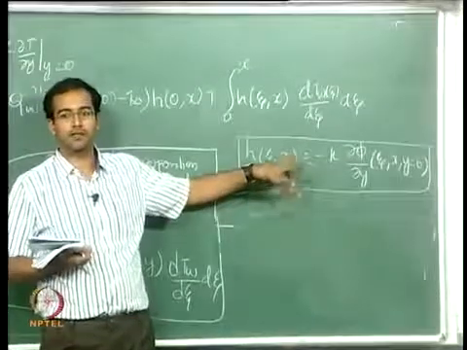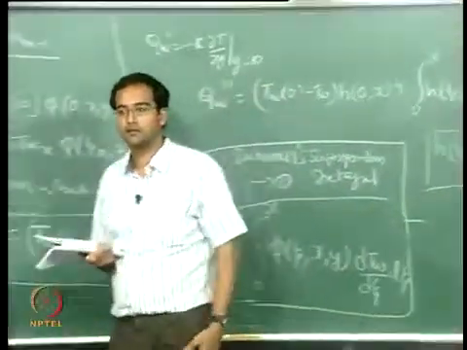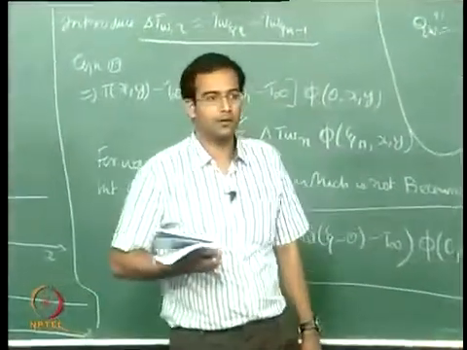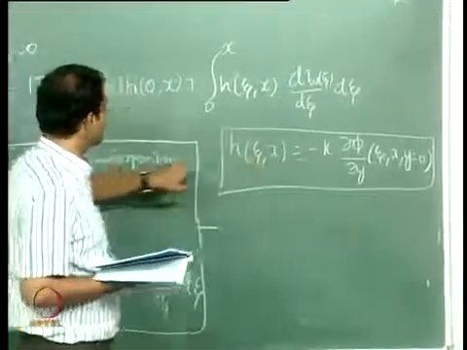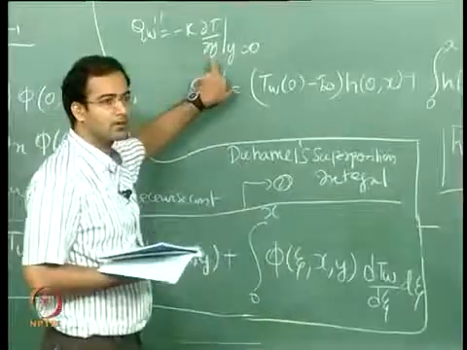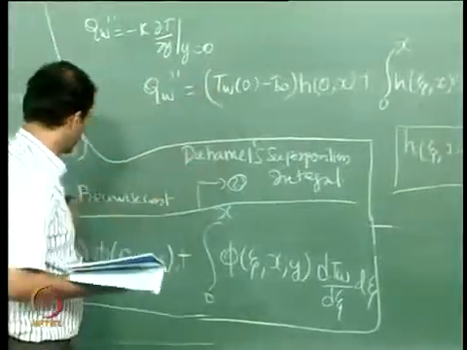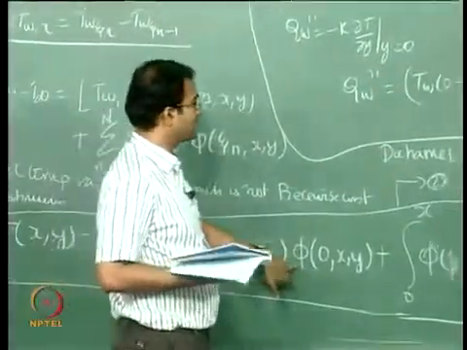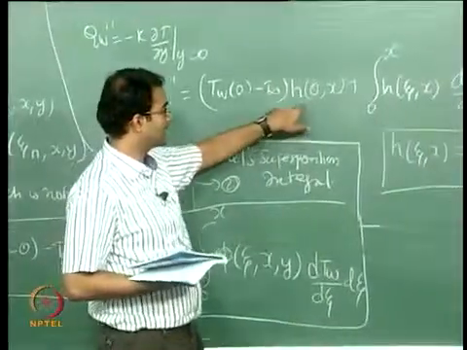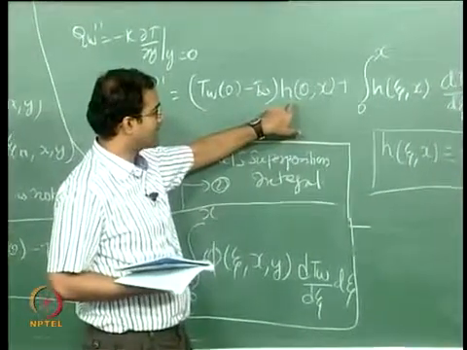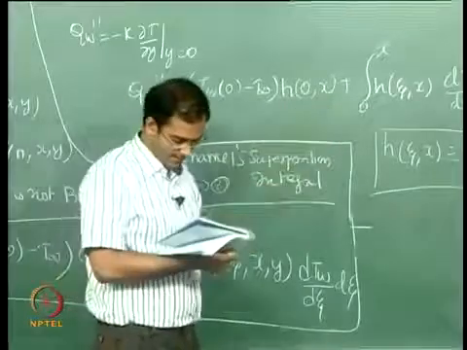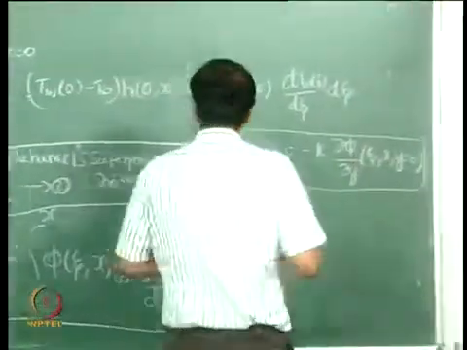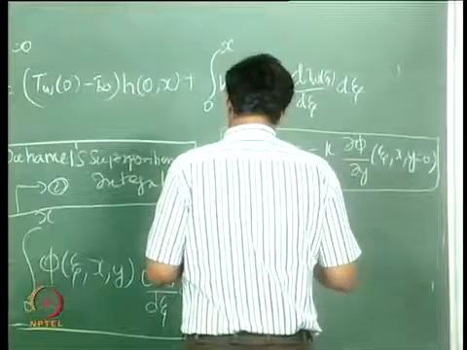So phi is nothing but your T minus T infinity by T wall minus T infinity. So this is your heat transfer coefficient. If you differentiate this with respect to y at y equal to 0, you can replace minus k d phi by dy directly as h. Now how do you calculate the local heat transfer coefficient?